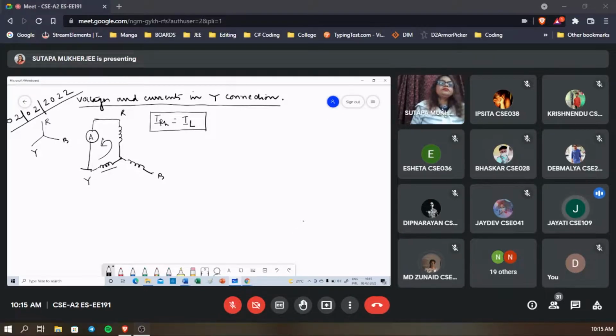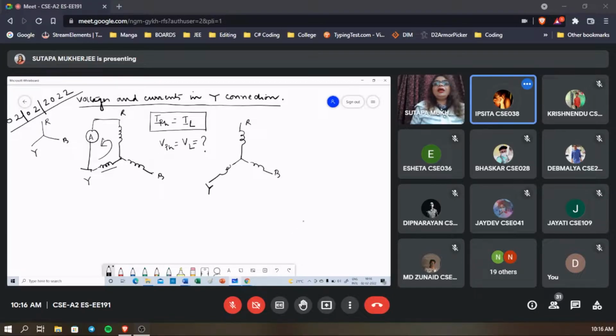If you want to measure the voltage, then what to do? This is a phase. This is a phase. If you want to measure the voltage between VRB, say this is R, B, Y. In this case, is phase voltage and line voltage equal?